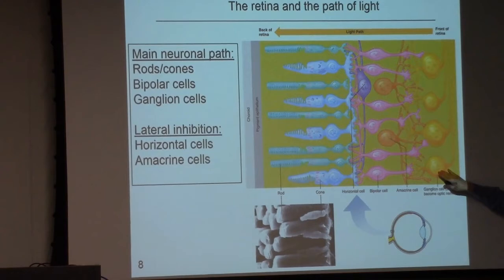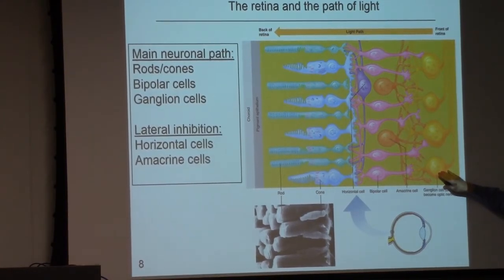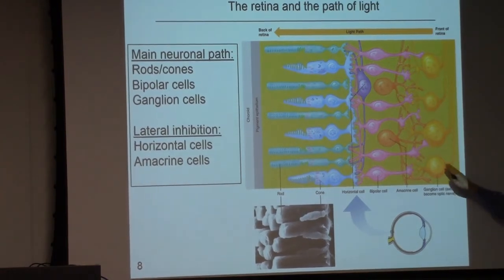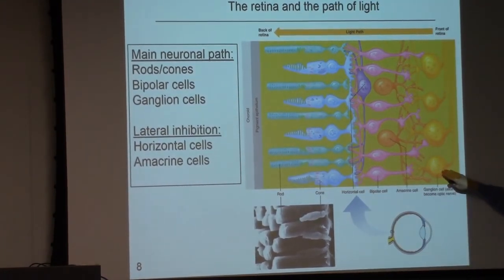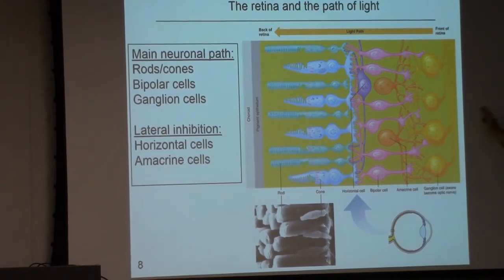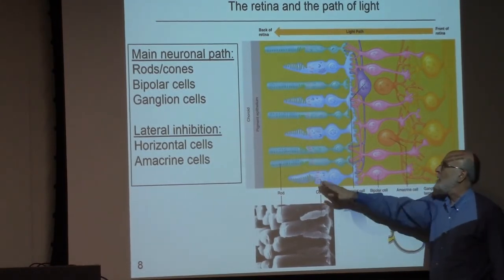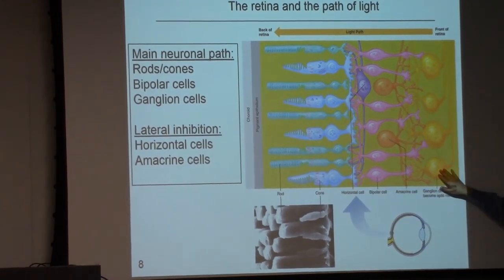Ganglion cells either increase or decrease, depending on whether they're on or off center, depending on where the image is relative to that ganglion, relative to that rod and cone. These ganglion cells fire the action potentials that take the information out the optic nerve to the lateral geniculate nucleus. So the through pathway, the straight pathway, is rods and cones, bipolar cell, ganglion cell.